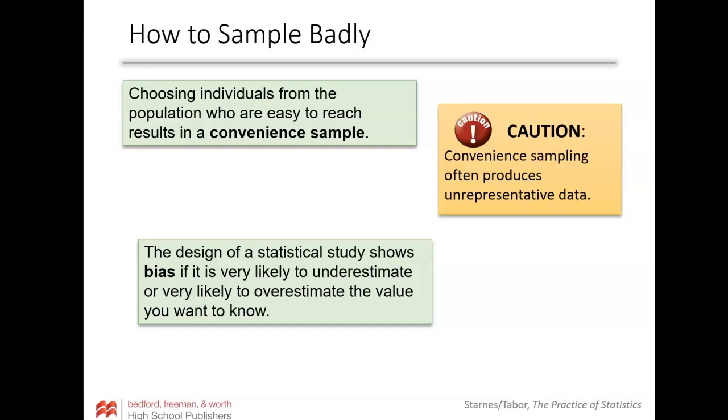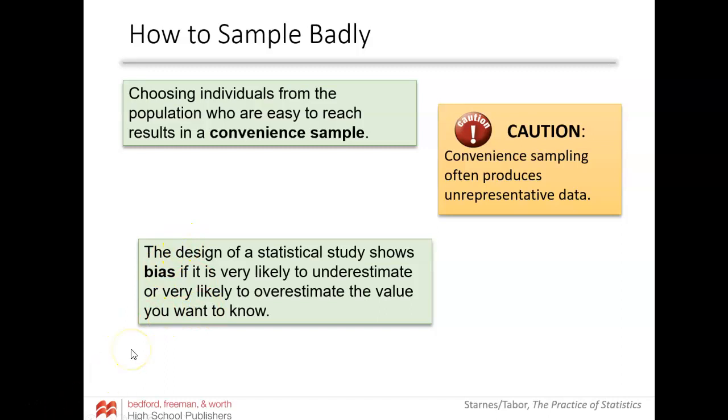Well, I'm not getting a good representation of every single kid, because depending on what door I stand at, if I stand at the athletic entrance, maybe I'm only getting the opinions of our athletes. If I stand at the main entrance, maybe I'm only getting the opinions of students who ride the bus, which might be a representative population, but I don't think I can conclude that right now.